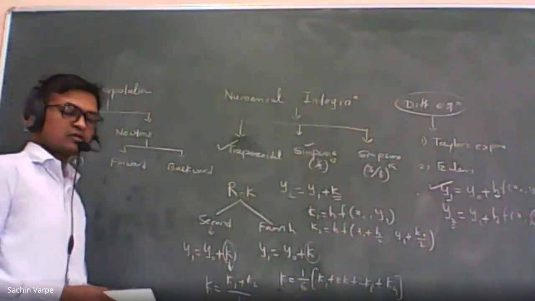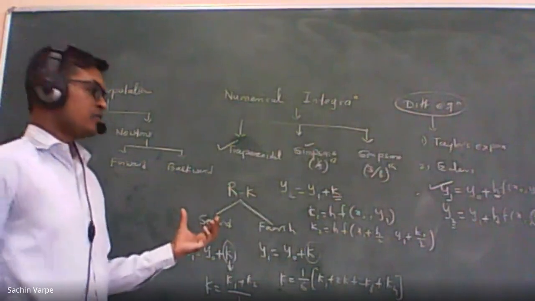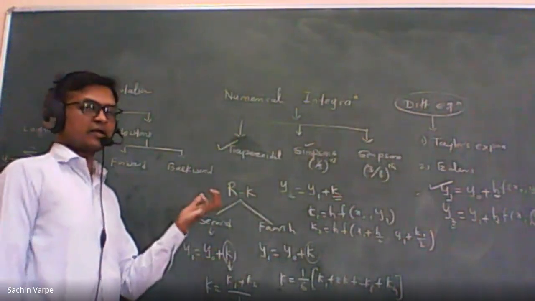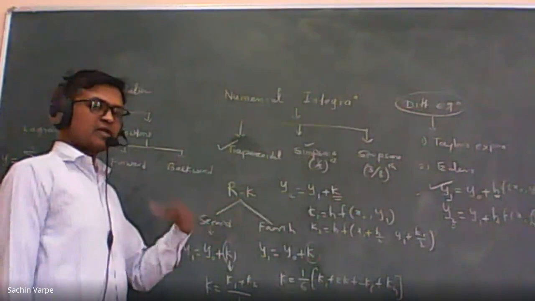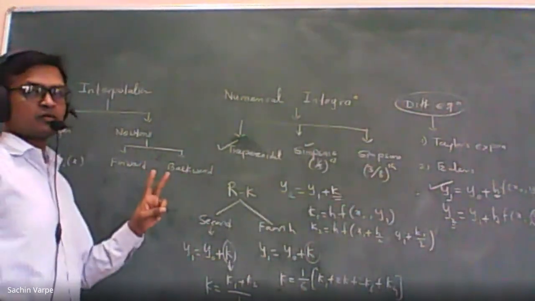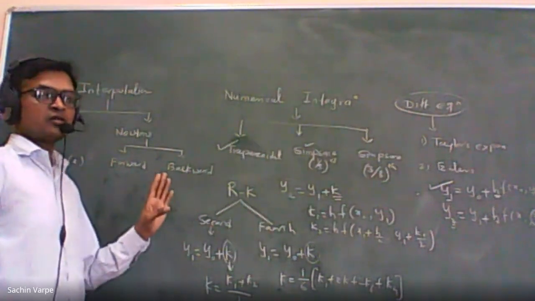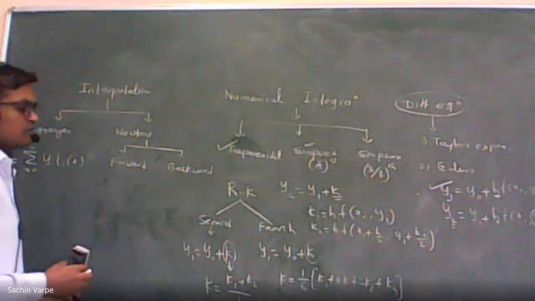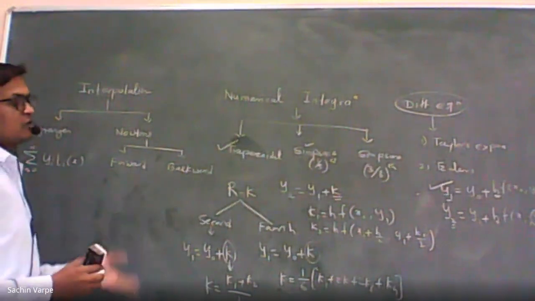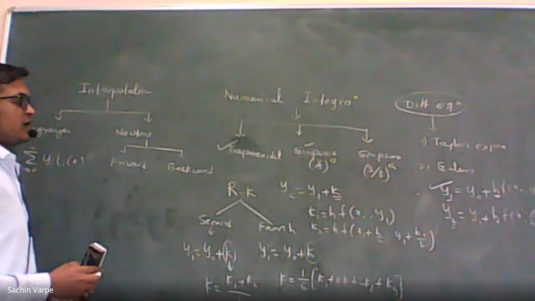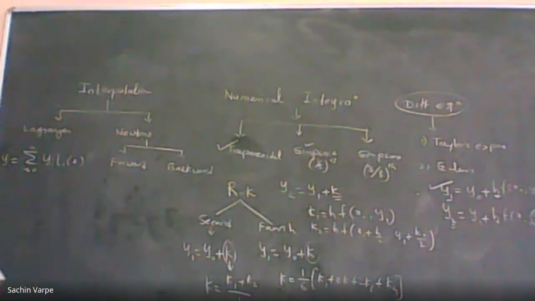Suppose we are given a second order differential equation, then we have substituted the first order derivative to be y, and with the help of that substitution we get two differential equations of first order and first degree, and we solve both of these for the two new dependent variables. We'll get the solution as the values of y and z, isn't it? And the same thing we have discussed in solving simultaneous differential equations by the RK method. So that's it. And then in the last point, we have discussed predictor and corrector methods.